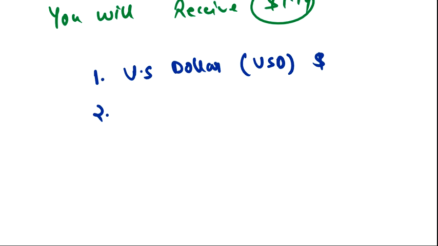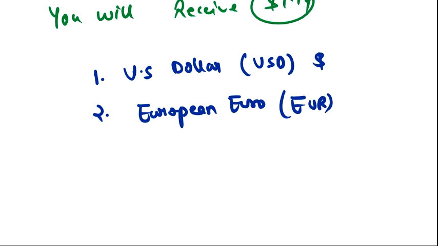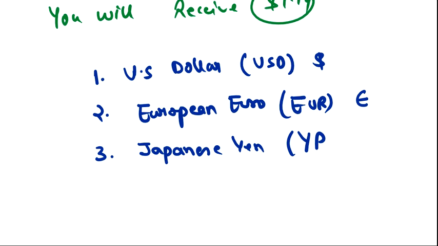Then we have the European euro, we mention it as EUR. Write down the symbol, it's like this. Clear? Then we have the Japanese yen, JPY.